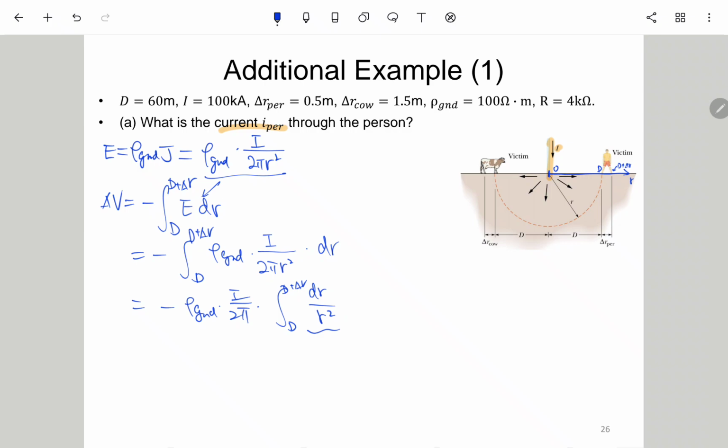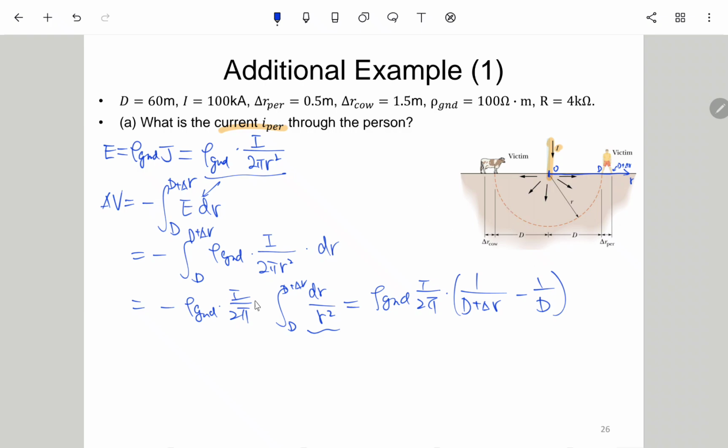This is r to the negative 2 power, so the integral is 1 over r evaluated from D to D plus delta R, which is 1 over D plus delta R minus 1 over D.